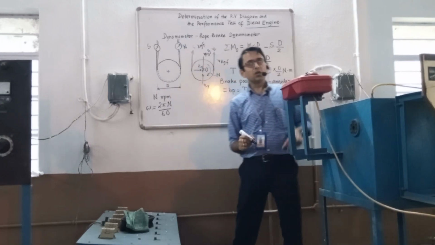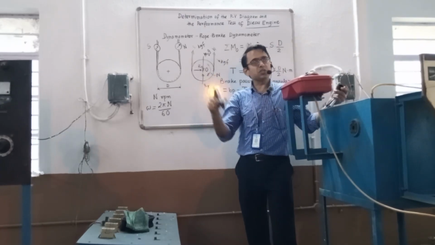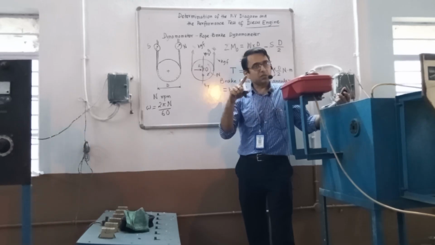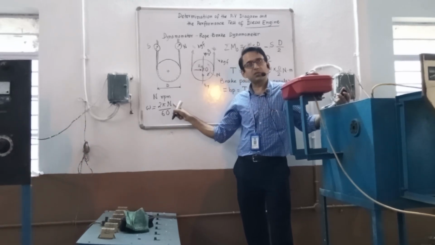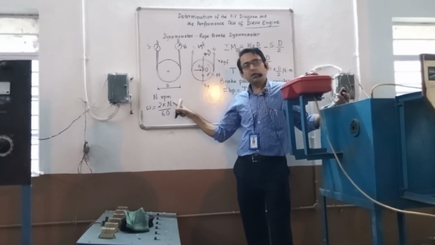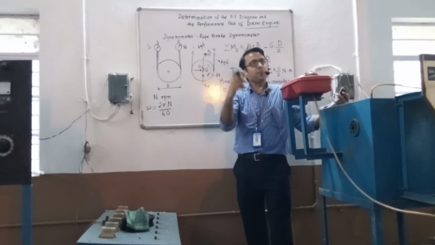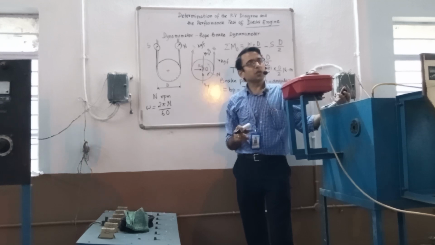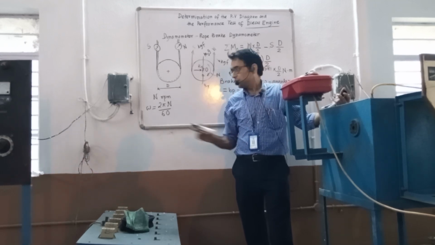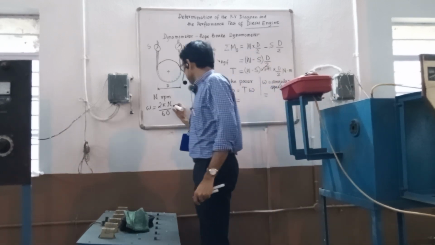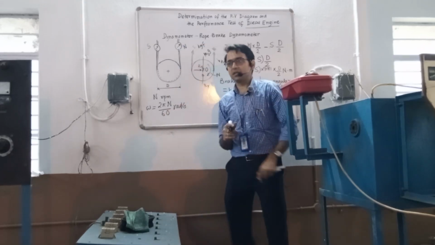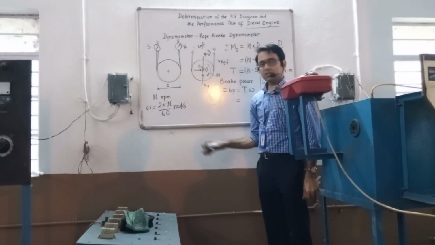One rotation is twice pi radian per minute, and N means per minute. So twice pi N is the total angular rotation in radian per minute, divided by 60 gives radian per second. So omega is in radian per second.